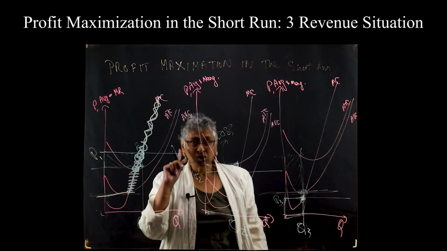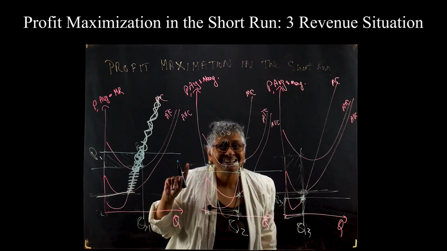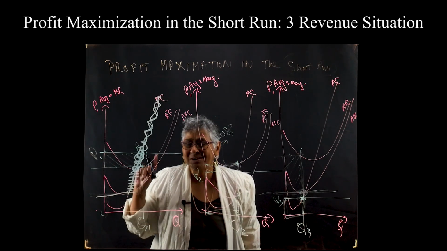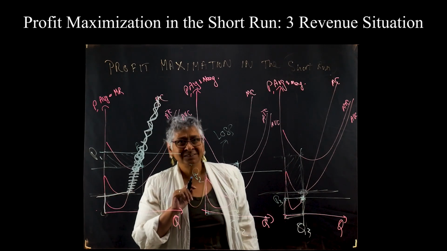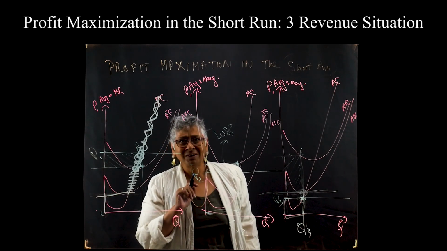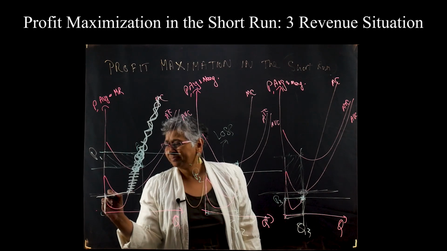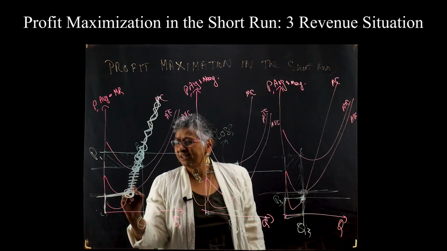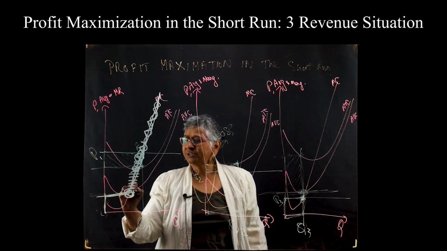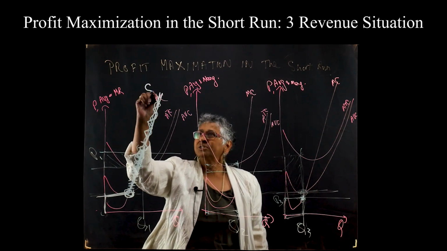So my short run supply curve, how much will the firm supply at each price? Nothing if I fall below the bottom of average variable cost. And then starting here, it'll produce along that marginal cost curve.